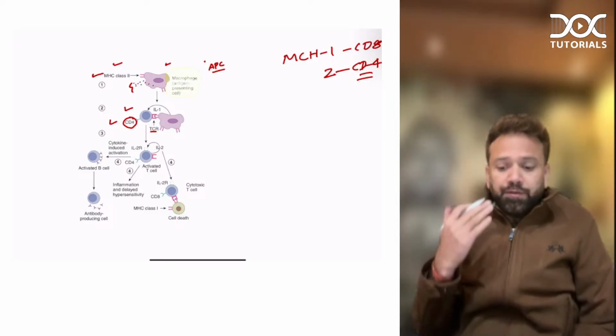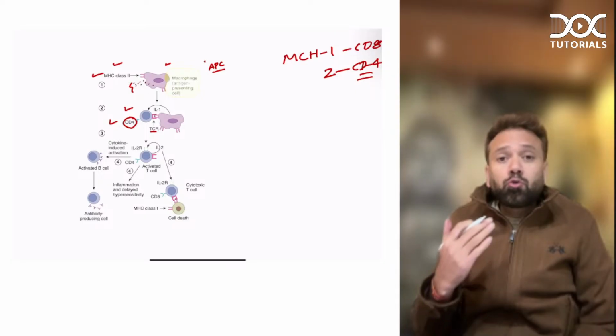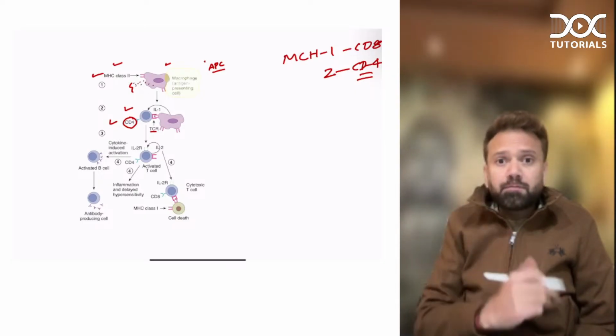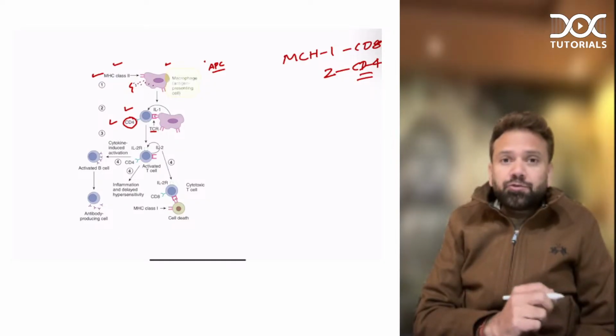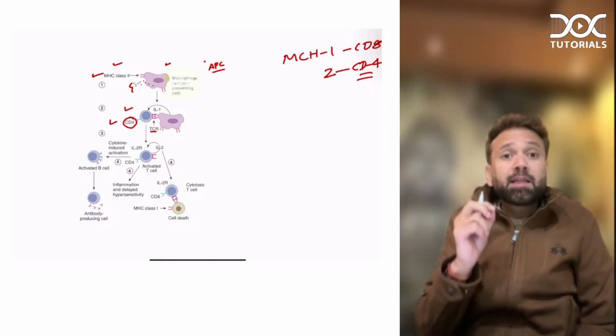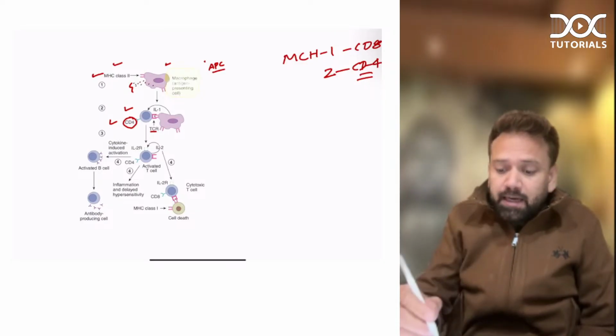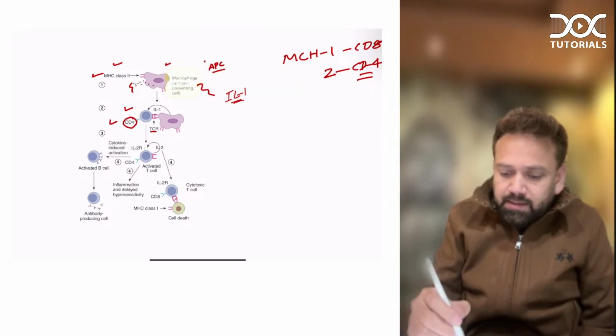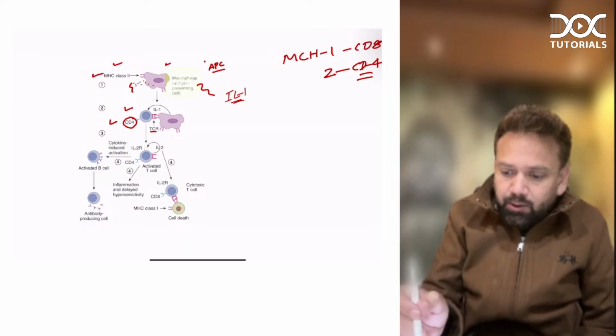Now they will talk to each other. Who will talk? These macrophages will talk to the T lymphocyte. When I am talking, it is in the form of sound. But these macrophages are talking in the form of chemicals. What is that chemical, doctor? The answer is interleukin 1. You can see here interleukin 1.